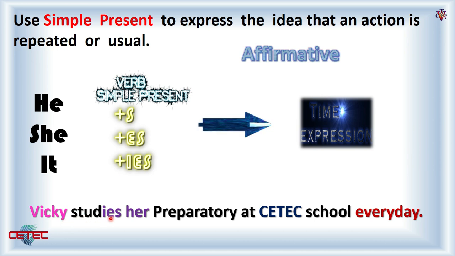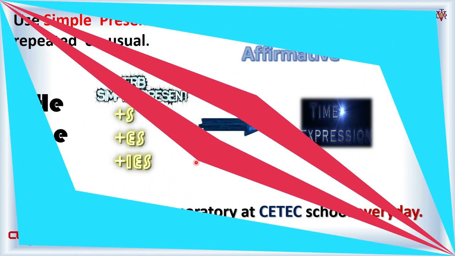The verb study ends in consonant plus Y. We have to delete Y and add IES. Studies. Her, because it's a girl. Preparatory at a tech school every day. Don't forget, this is the structure to create simple present using he, she, it.